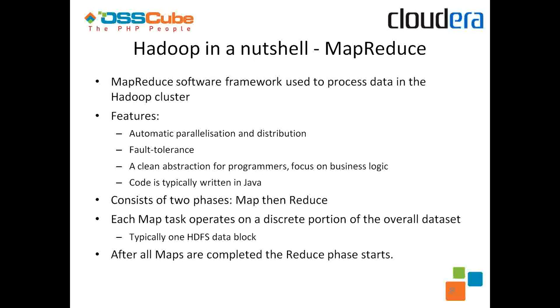But now we need to process that data that sits on HDFS. And for this, MapReduce was designed. Some of the features of MapReduce are automatic parallelization and distribution. Basically it means if I want to process this gigabyte of data, it automatically utilizes different nodes to process that data. The programmer doesn't have to be aware of how many computers the program needs to run on, or where the data sits.